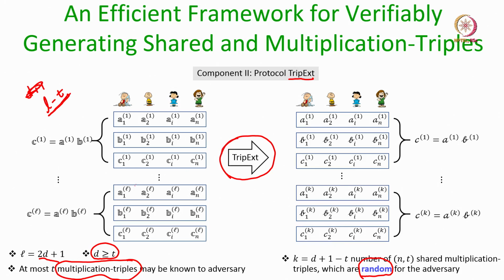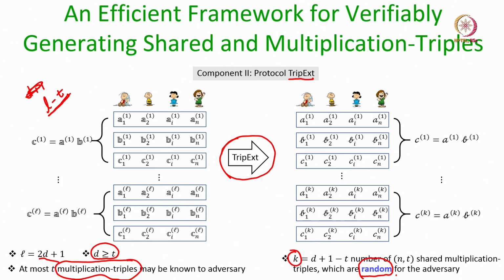Somehow we want to do some operation on the input multiplication triplets and extract out k number of secret shared multiplication triplets which are guaranteed to be unknown, random for the adversary. That means, for each of those k triplets, adversary will have only t shares which are randomly distributed and do not leak anything about the exact value of those triplets.